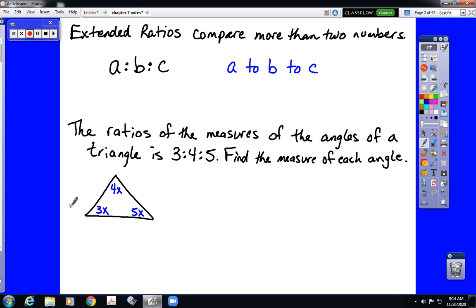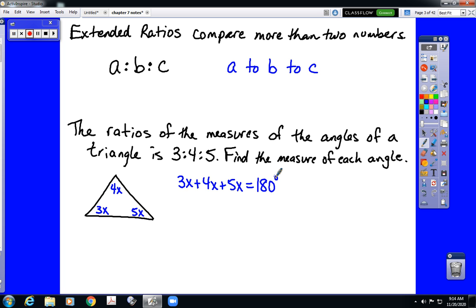If we know the three angles in a triangle, we should know that those three angles always add up to 180 degrees. So by giving you the ratios of the angles, they have allowed you to write the equation 3x plus 4x plus 5x is equal to the sum of the angles in any triangle, 180 degrees.